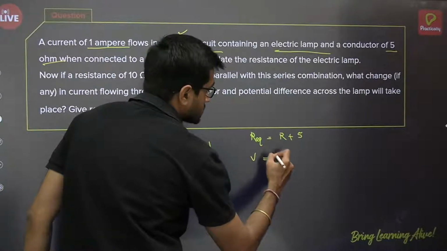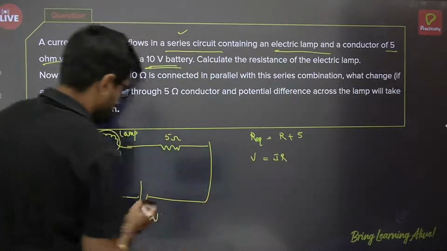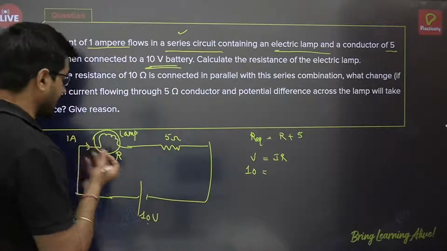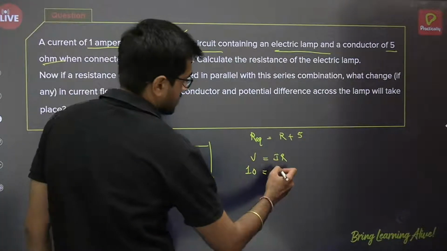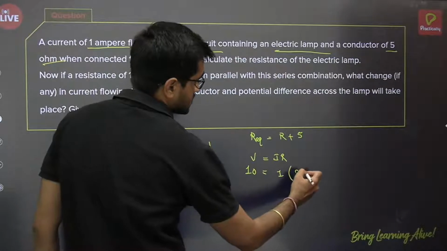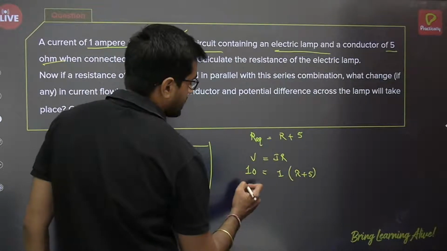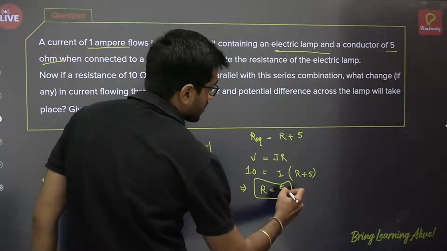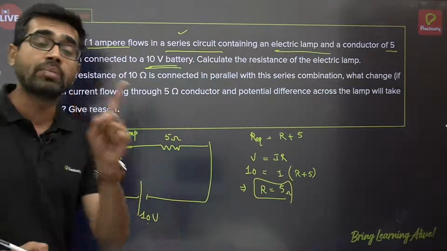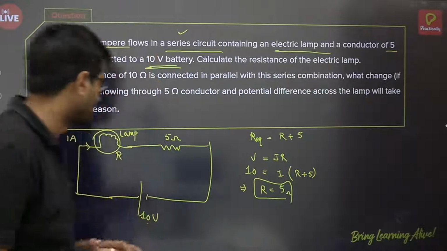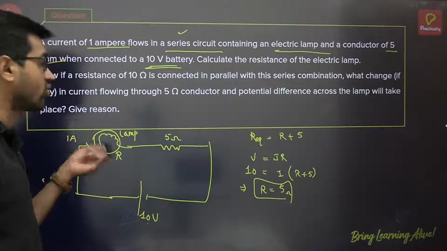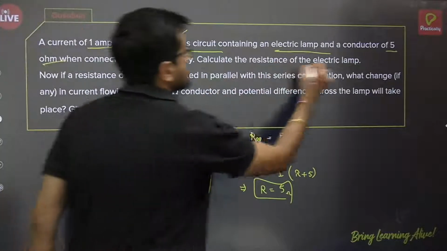The potential difference is 10 volt, the current is 1 ampere, times the resistance R plus 5. Simplifying, we get R is equal to 5. So the resistance of the lamp is also 5 ohm. The resistance of the resistor is 5 ohm, the resistance of the lamp is 5 ohm. Now this question is solved.